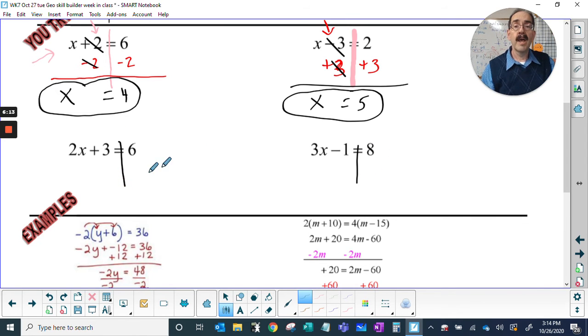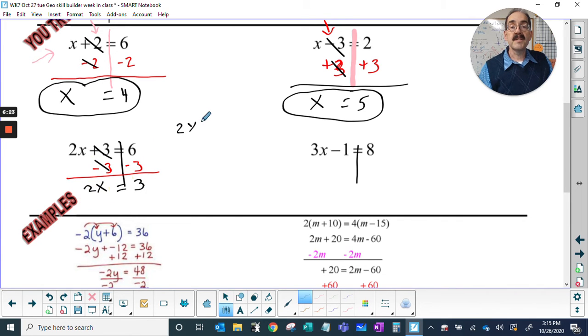Actually, let's do one of these because I see a negative. I see this 2 in there. Subtract 3 from both sides. Bring down the 2x. 3 minus 3 goes away. Equal still exists. 6 minus 3 is 3. Now, x is not by itself.